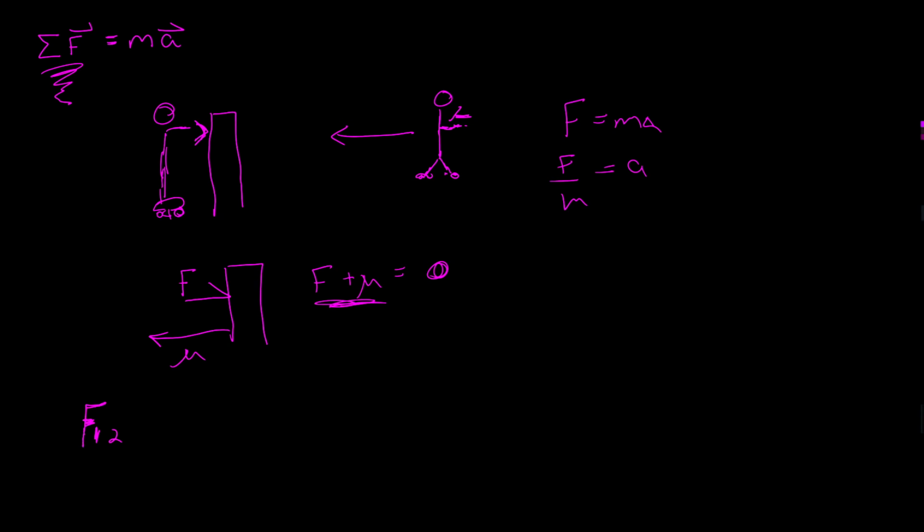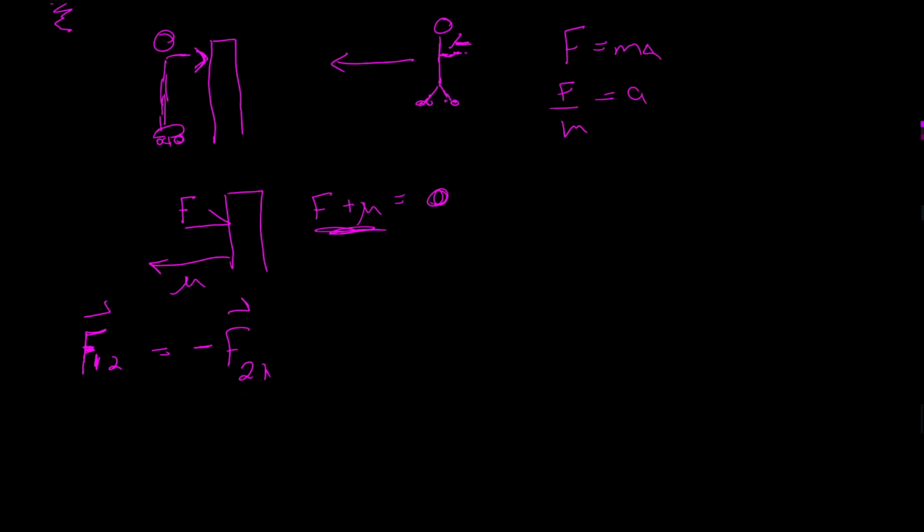For me, it's the force of object 1 on 2. And then object 2 will push back on object 1, equal and opposite in direction. Now remember, a negative sign in a vector is opposite in direction. These are vector quantities, and so a negative vector is in opposite direction. And that's what we're looking for here, opposite directions.